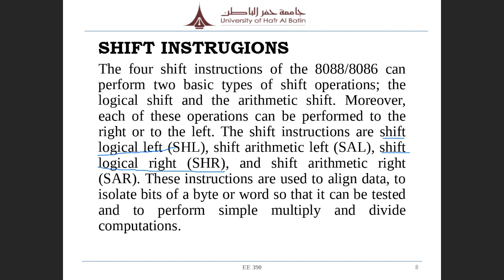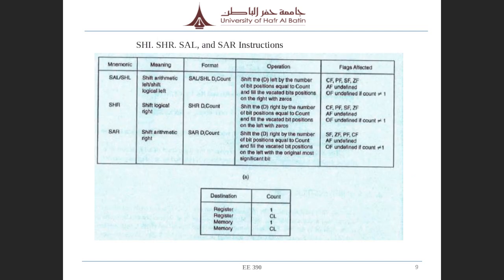Another type of shifting operation is called shift arithmetic left and shift arithmetic right, SAL and SAR. What are the differences between them? I will see them one by one.